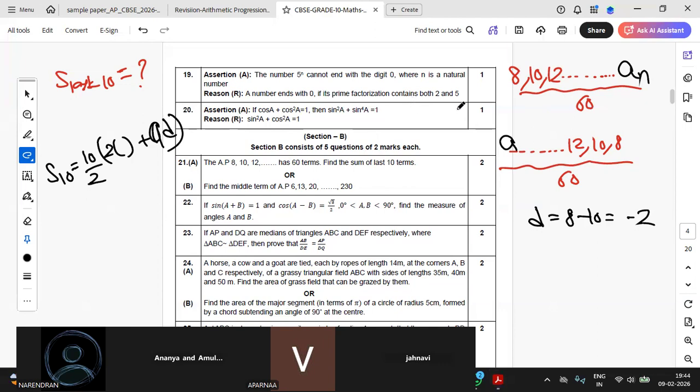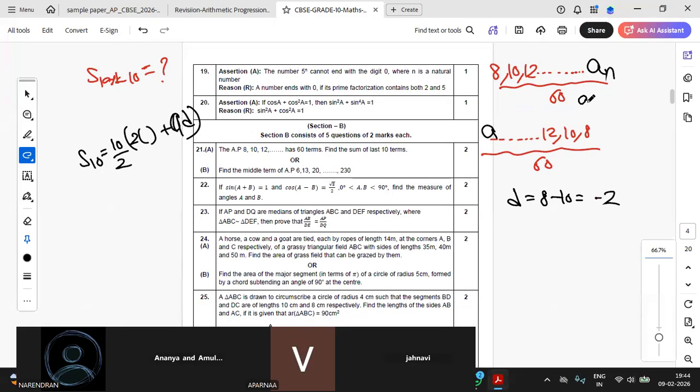Ponnappa, I think you are right. A_n you can find out. So what will be a_n? A_n will be 8 plus 59 into d, minus 2. Minus 2 or plus 2? Plus 2.